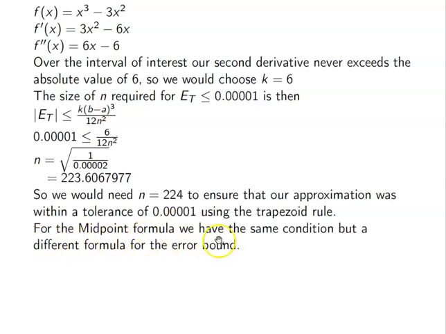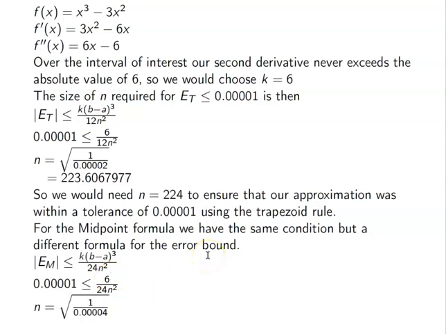For the midpoint formula, we'll do the exact same thing, but we'll use the formula for midpoint, which was 24n squared instead of the 12. So everything is the same. I plug in 0.00001 for my absolute error, K is 6, and b minus a is just 1. And then I solve for n squared.